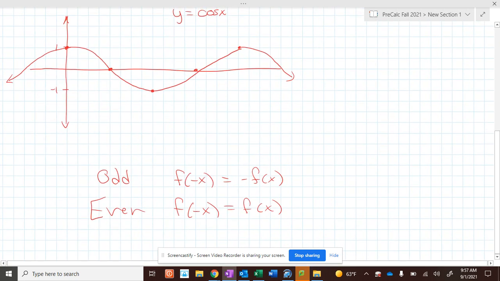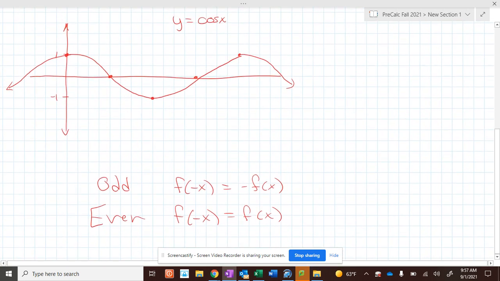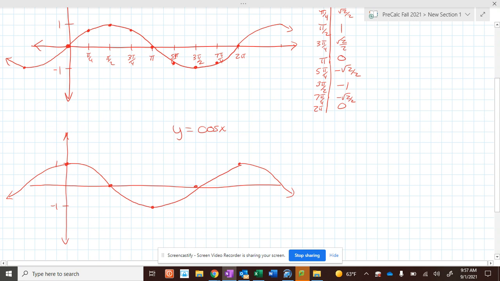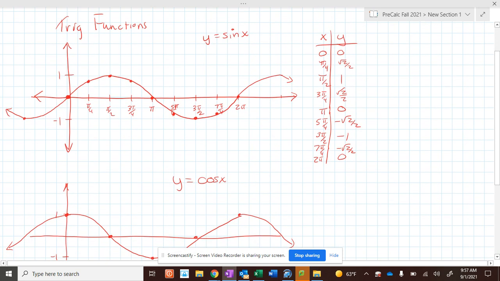Well, when you put a negative number into the function, it makes the function negative. So let's say I'm in the sine curve. If I go to negative pi over 2, because at pi over 2, I'm at 1, I'm at negative 1. So if I put in a negative value for x, it makes it negative down here.